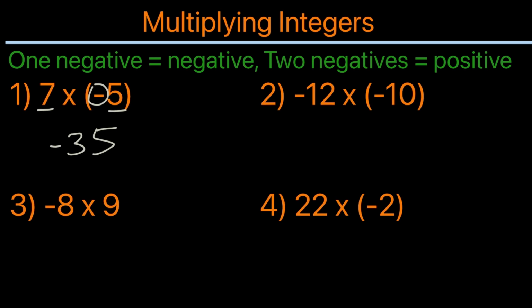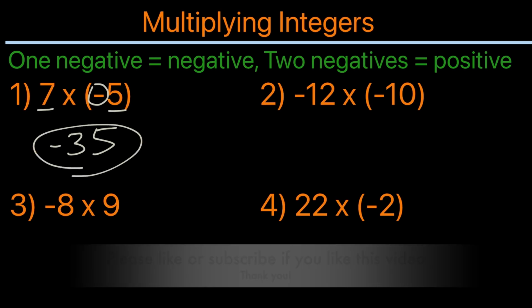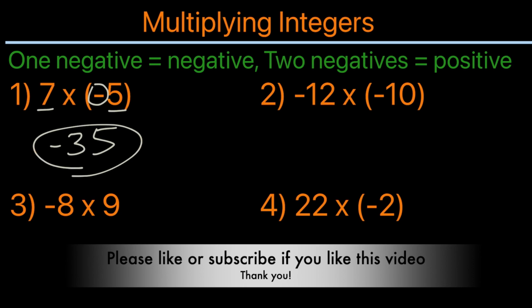So the answer will be changed to -35. And you can think of it like this. If you have a positive multiplying by a negative, the answer would be negative. Vice versa, if you have a negative number times a positive number, the outcome would be negative as well.